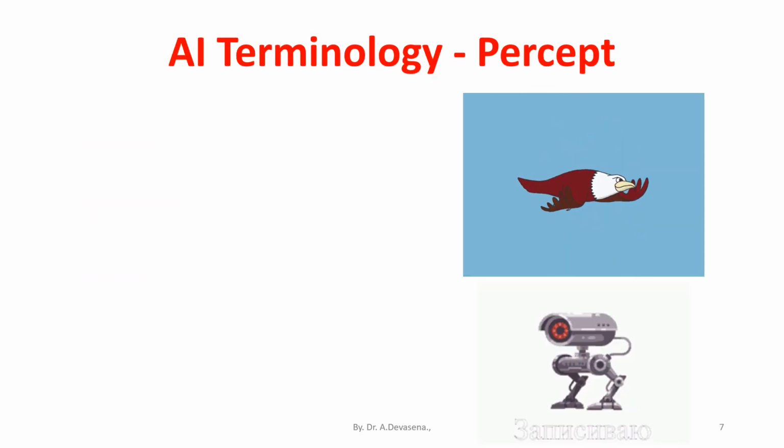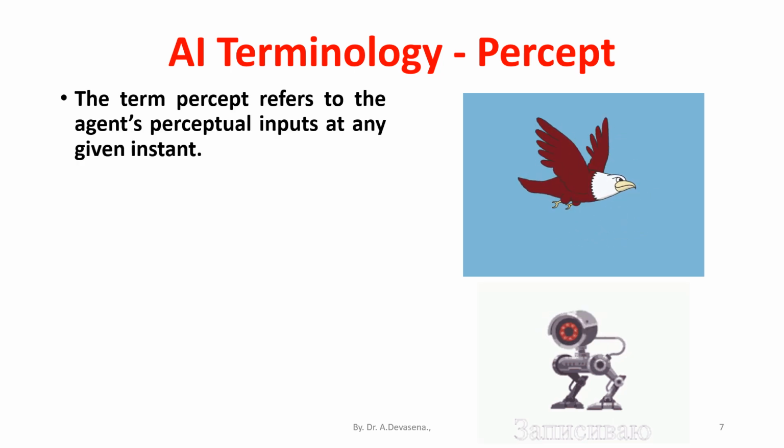Let's start discussing the AI terminology. First, we will see the percept. The term percept refers to the agent's perceptual inputs at any given instant.